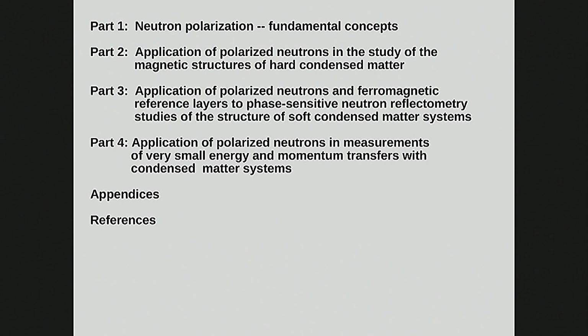Okay, and then there's this part, I don't know, have you had in this week anything about spin echo measurements? Okay, so we should touch on that, because there's a way using polarized neutrons that, typically with neutrons and inelastic scattering, you measure energy transfers of the order of milli-electron volts. But by using polarized beams in a spin echo technique, you are able to measure micro-electron volt energy transfers and below.